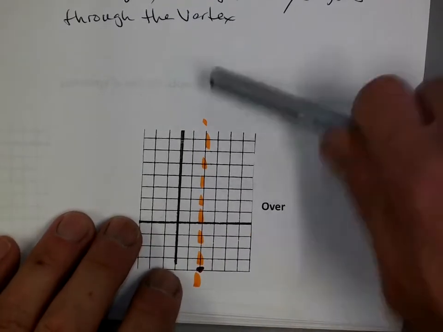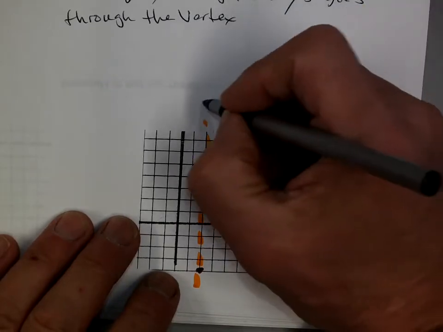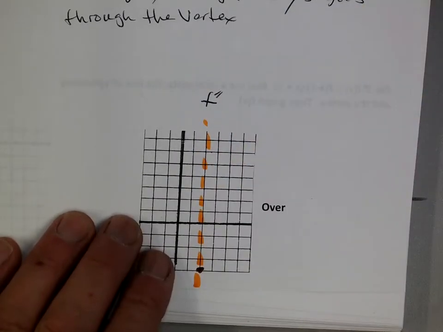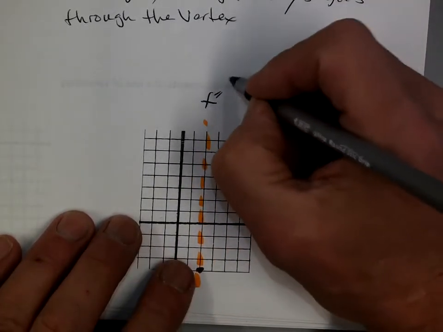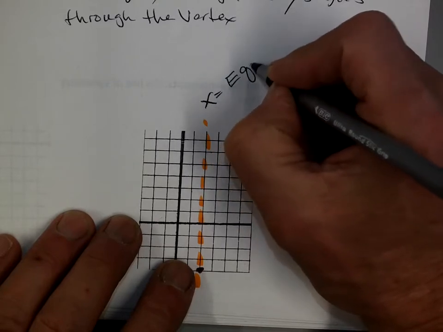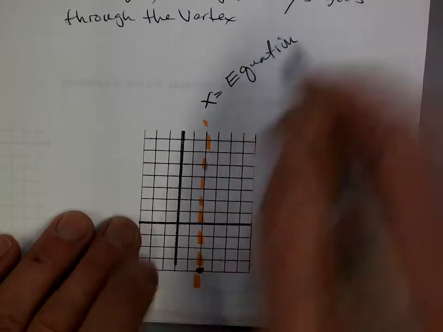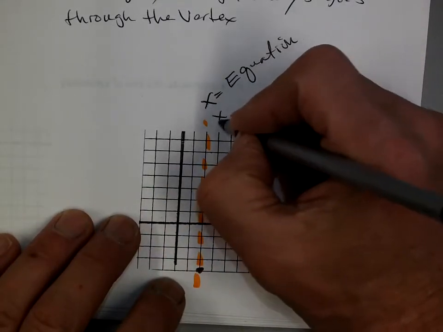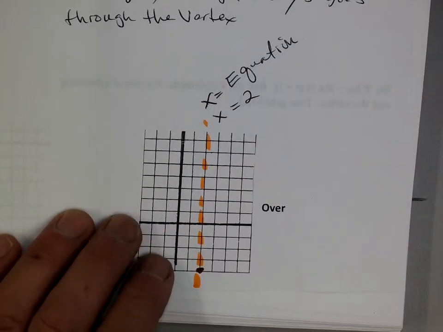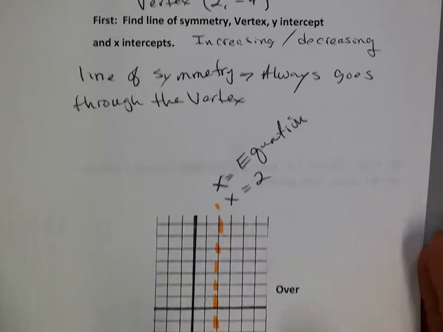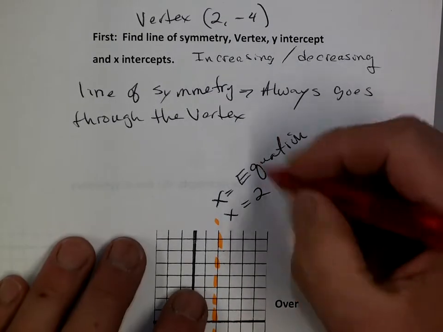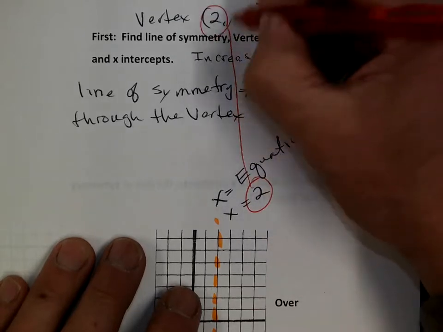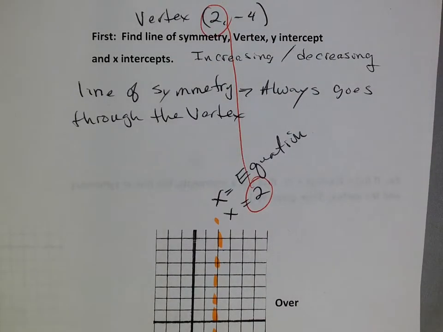So it's a vertical line, so it has to be an x equals equation. So this one is just going to be x equals 2, which is going to be the same as the vertex. That makes sense because it goes through the vertex, so it's got to be the same as the x value of the vertex, okay?